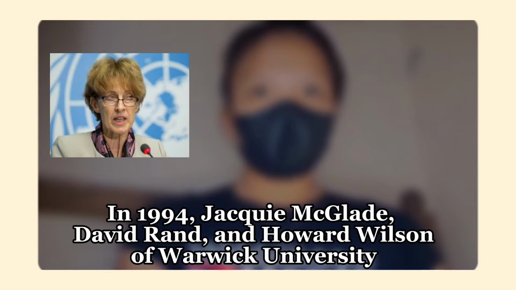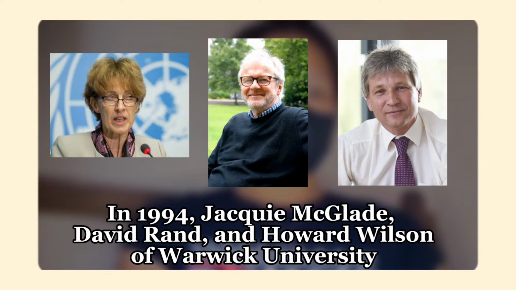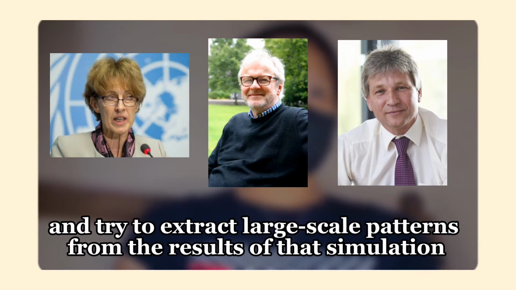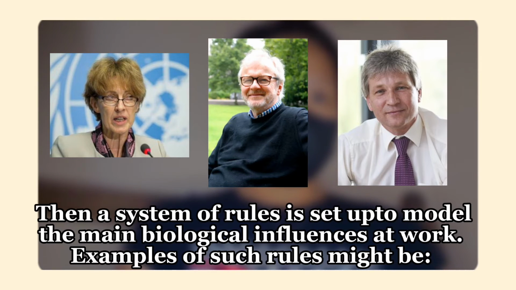In 1994, Joachim Mazoyer, David Rand, and Howard Wilson of Warwick University set up a computer simulation in which large numbers of individuals interact according to biologically plausible rules, and tried to extract large-scale patterns from the results of the simulation. The system of rules is set up to model the main biological influences at work.